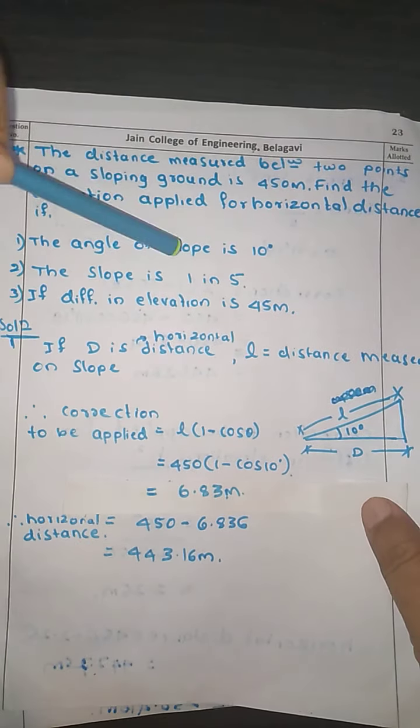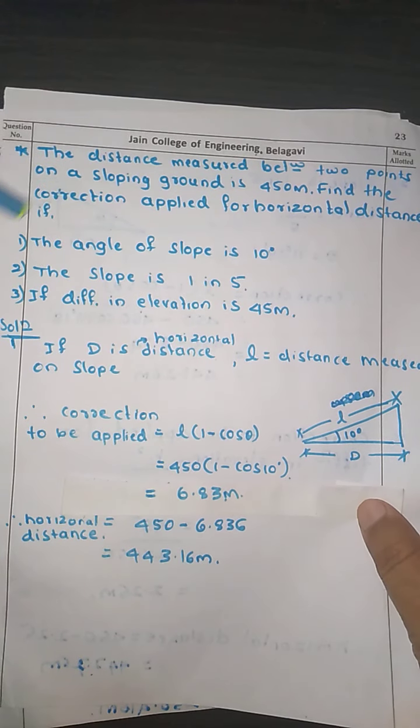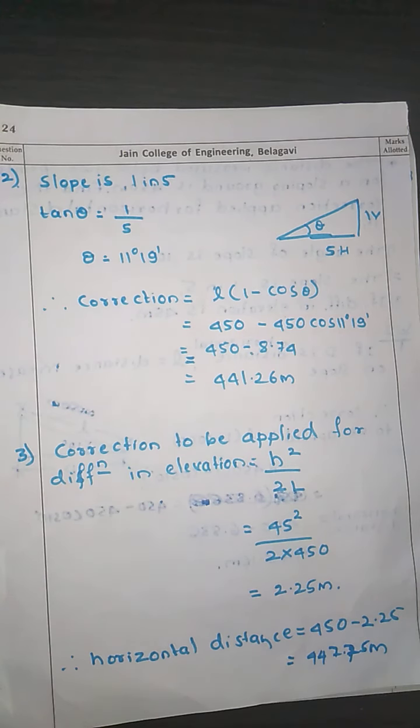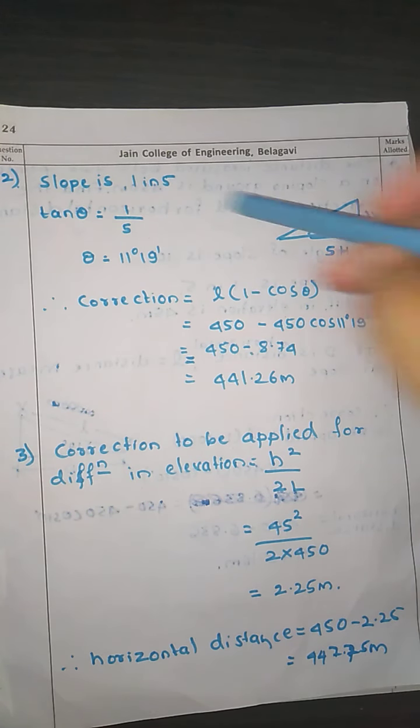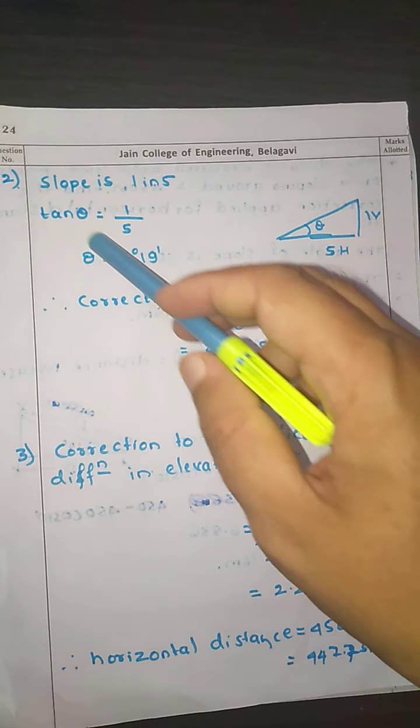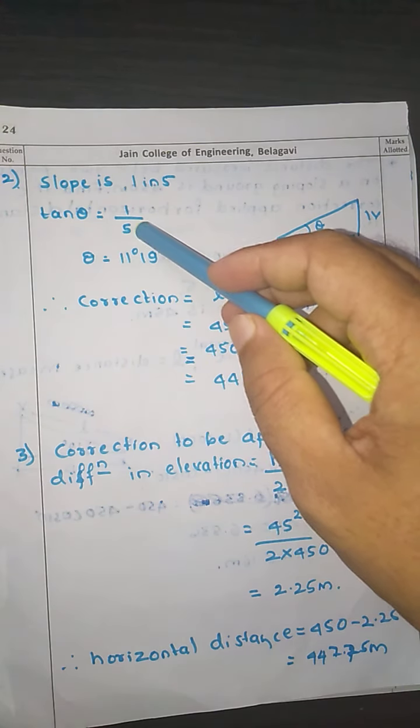Now this first problem is over. Now we will see the second problem. Slope 1 in 5 means 1 vertical and 5 horizontal. Now tan theta is equal to 1 divided by 5.